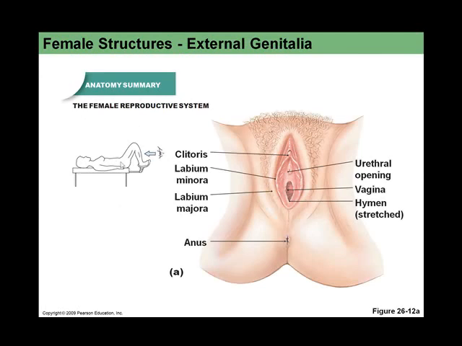So this is the classic view from the perspective of a healthcare professional examining the external genitalia of a female. And of course, we recognize the anterior and posterior features.